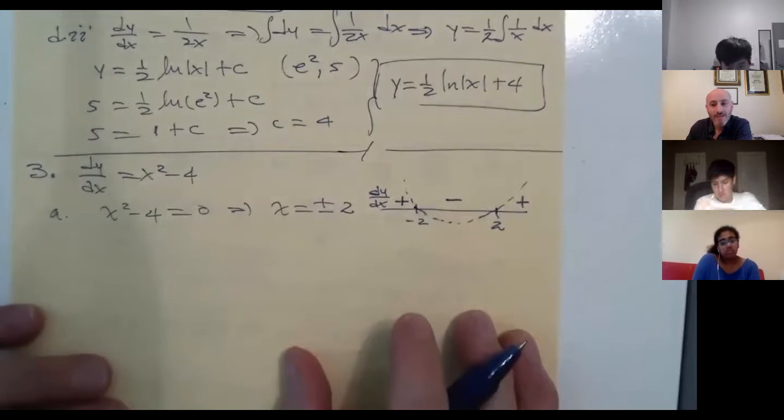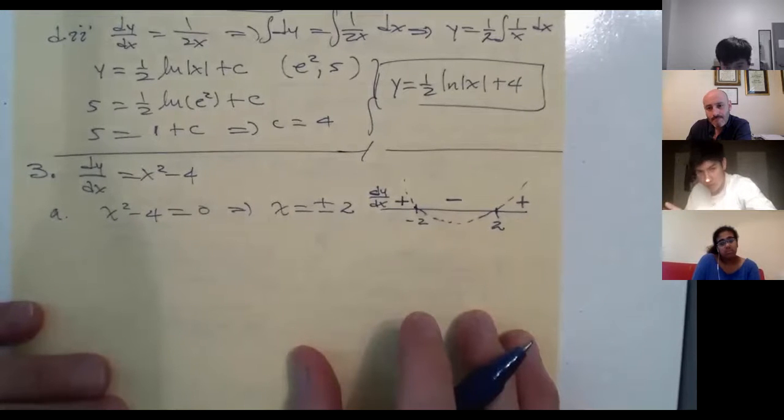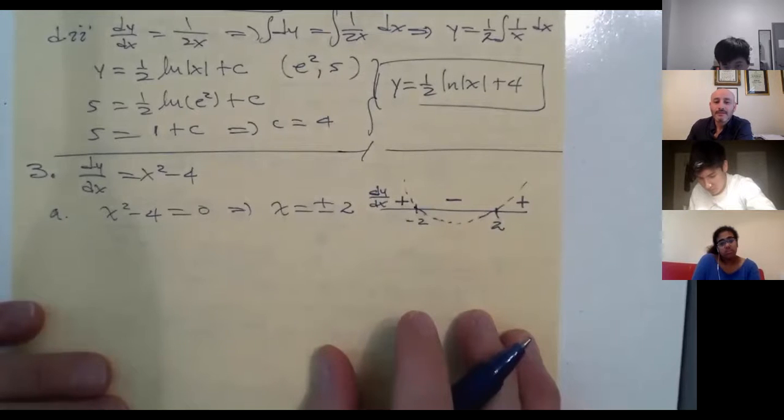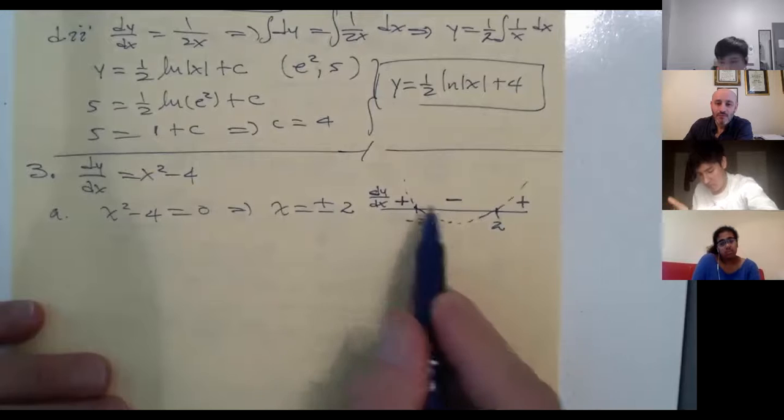So when do we have a maximum? When the derivative changes from what to what? Negative to positive? Or the other one? You said maximum? Maximum, yes, then that's positive to negative.